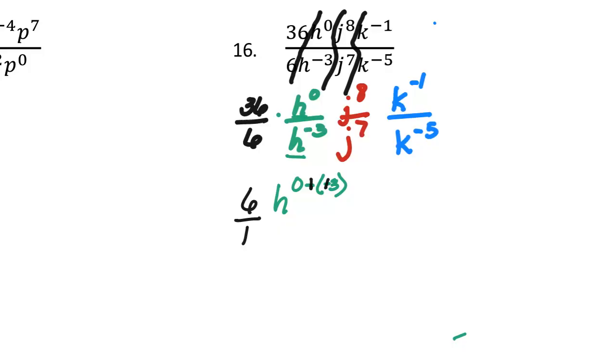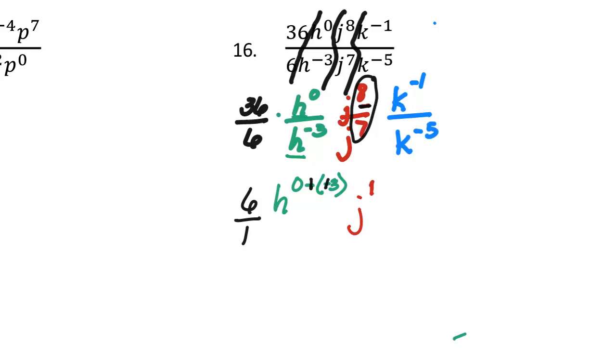Okay. So j to the 8th divided by j to the 7th. I am dividing. What do I do with those exponents? Subtract. And what is 8 minus 7? 1. So that gives me j to the 1st. This is my little subtraction here. And then we have the k's.